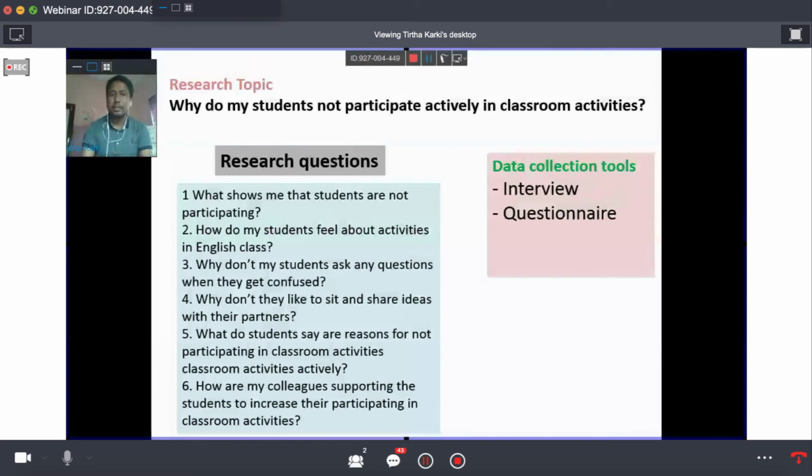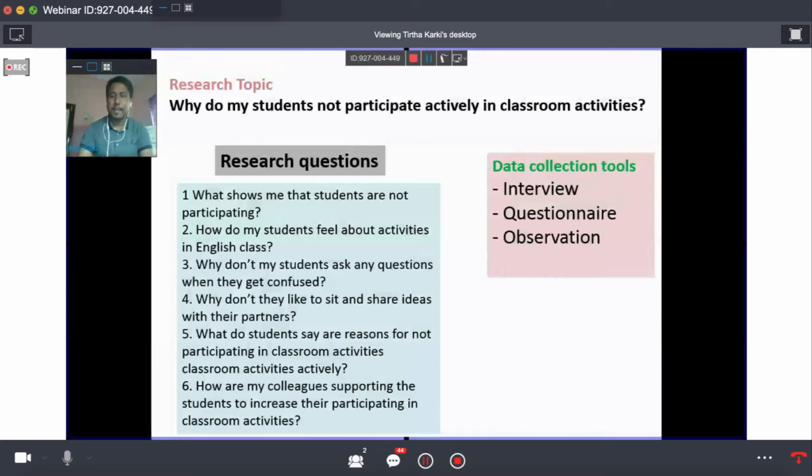So in that case, Sargent used both languages, not Tharu. Sargent used English and Nepali in order to collect responses from the students. It means that Sargent developed the questionnaire in both languages, Nepali and English, so that he could get some responses from the students.